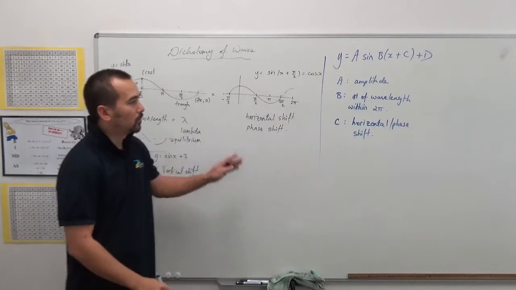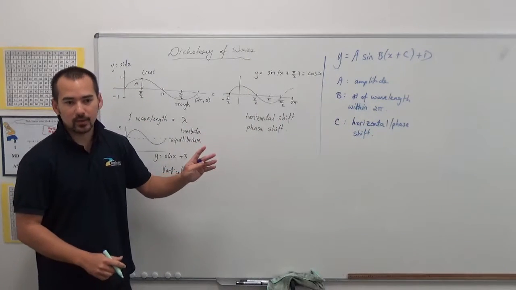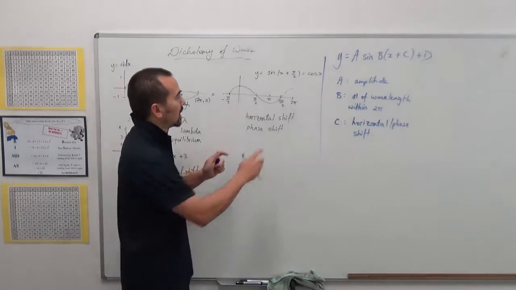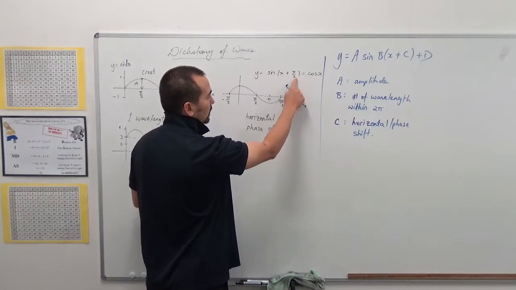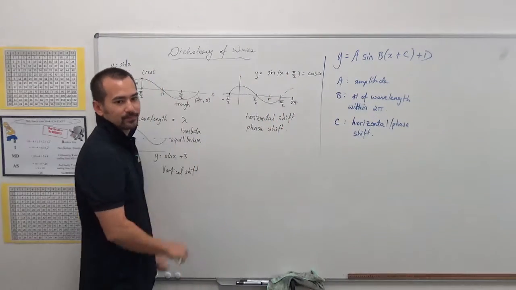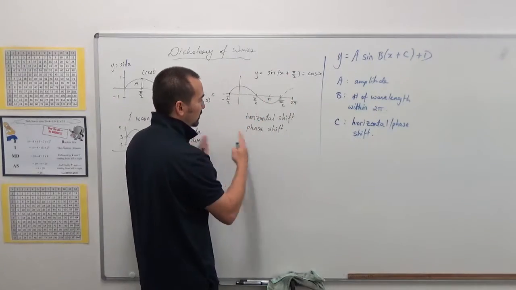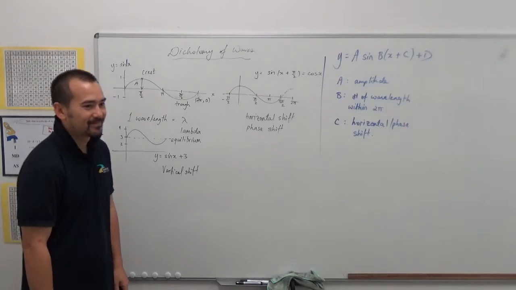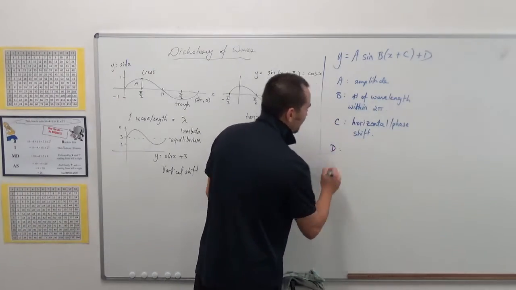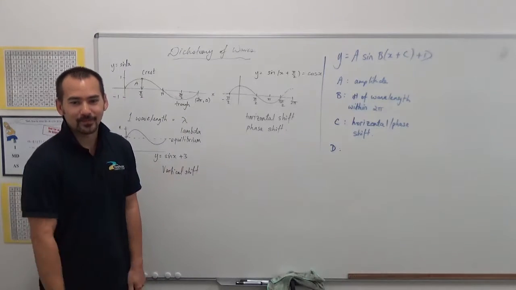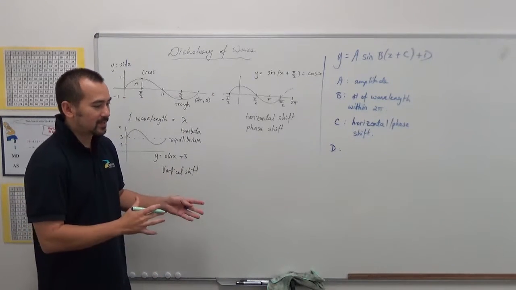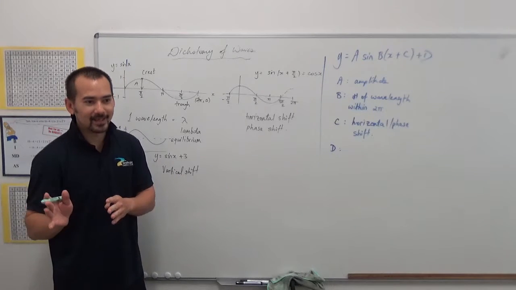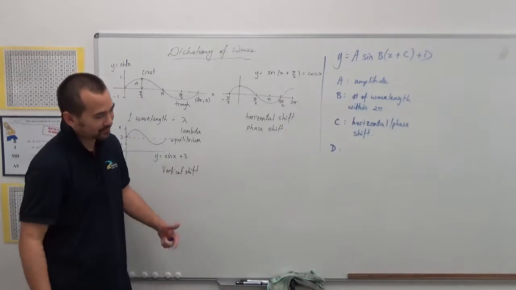Like all shifts, horizontal shifts in any graph, if you have a positive value there, it shifts left, and if it's negative, it shifts right. That's going to be hard to remember. Just remember the opposite. For some reason, with maths, it's always like that. Even with statistics, when you say it's negatively skewed, it shifts to the right, and positively skewed, it shifts left.